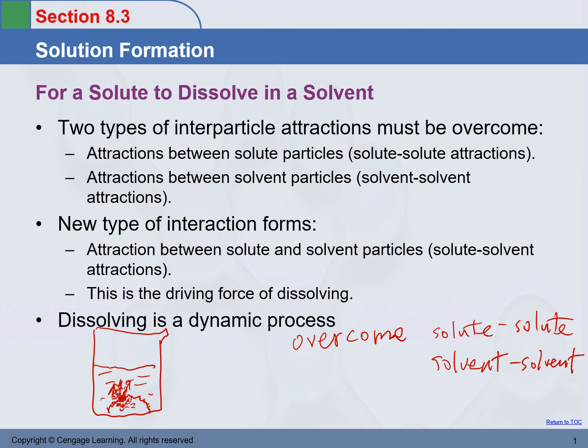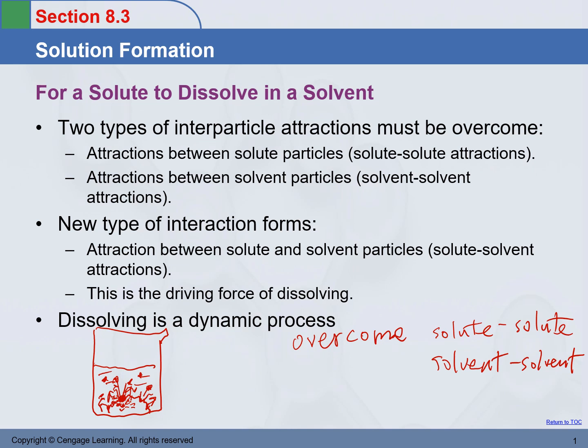Once you have some solute particles dissolved and the solution formed, now there will be two processes going on. Number one, some of the particles on the surface of the solute still get dissolved, and some of the particles already in the solution may come back to deposit on the surface of the solute particles.